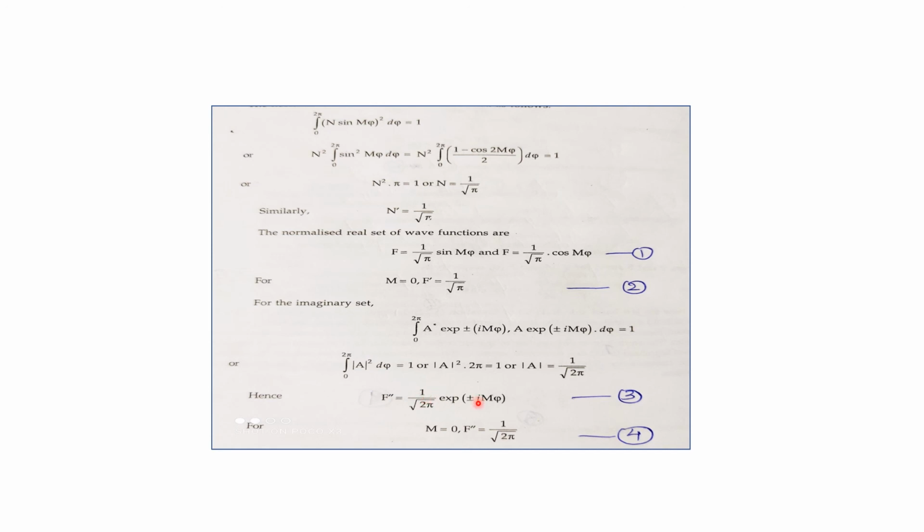A square is equal to 1 by 2 pi and A is equal to 1 by square root of 2 pi. Hence, f2 dash is equal to 1 by square root of 2 pi exponential plus or minus i m phi. When the value of m is equal to 0, f2 dash is equal to 1 by square root of 2 pi.